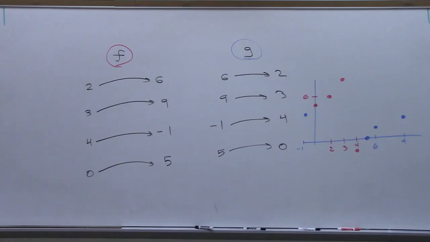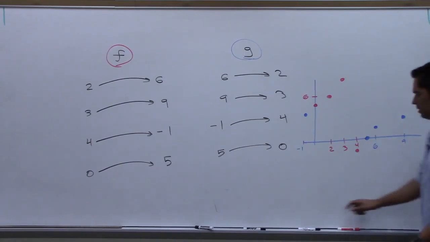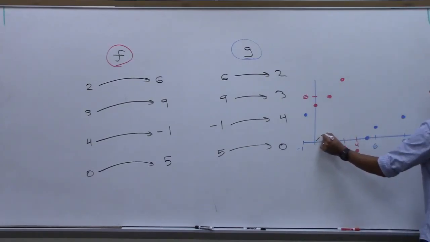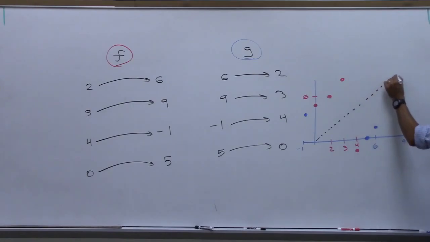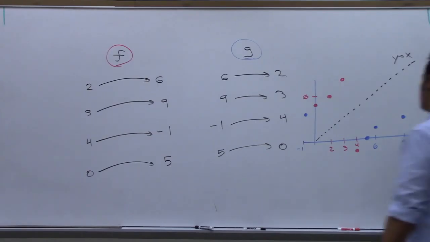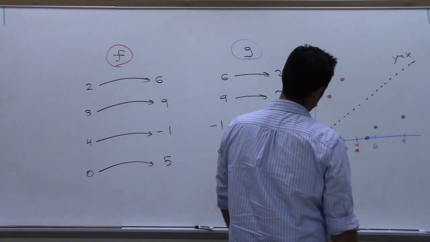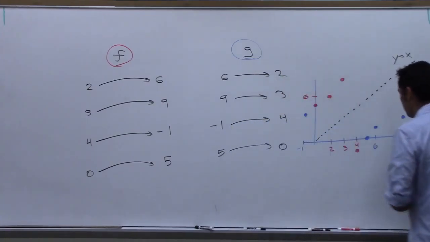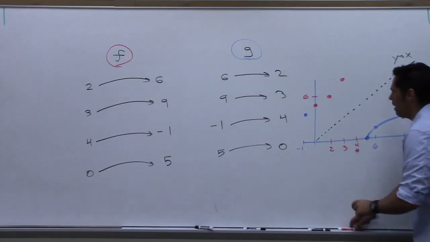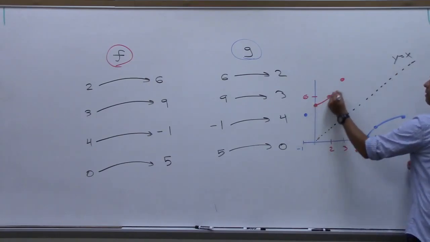There's something going on here that is hard to see in this picture, but imagine if you draw a diagonal like this. That's the good old function y equals x. Let me connect these 3 dots together.